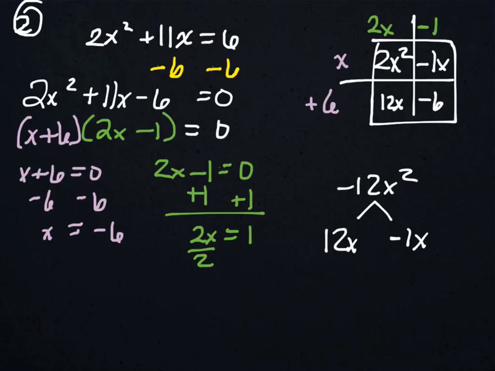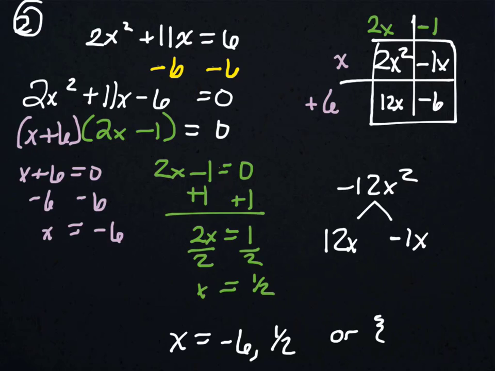I need to divide both sides by 2. And so x is equal to 1/2, or 0.5. And then so my answer is x equals negative 6, comma, positive 1/2. Or, like I said, in set notation, it'd be {-6, 1/2}.